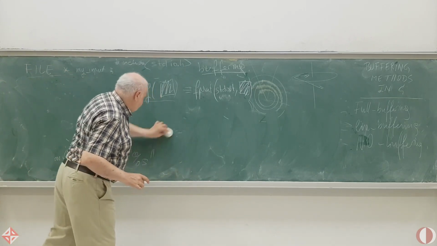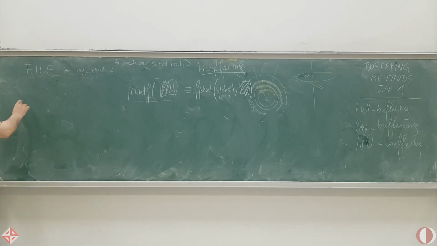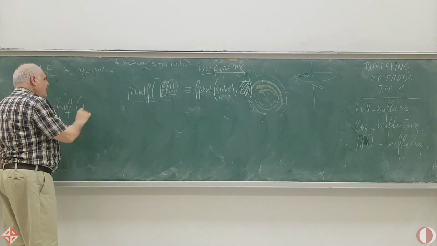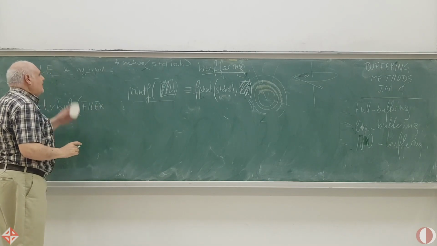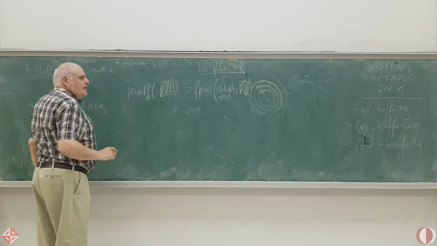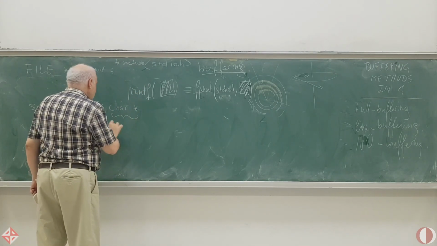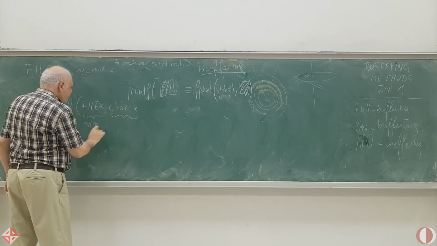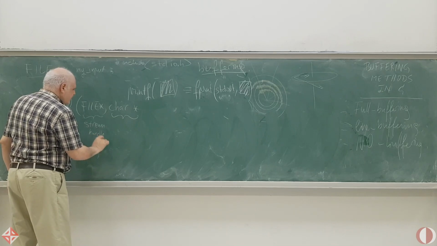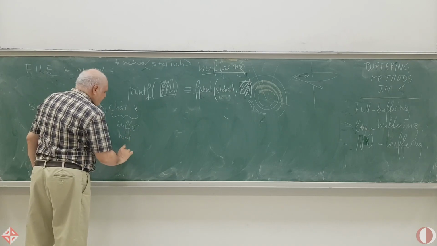sorry, I'll clean up the board first. There is a function, setvbuf, which takes a file pointer in, like my input, and then a char pointer, this is the buffer head pointer.